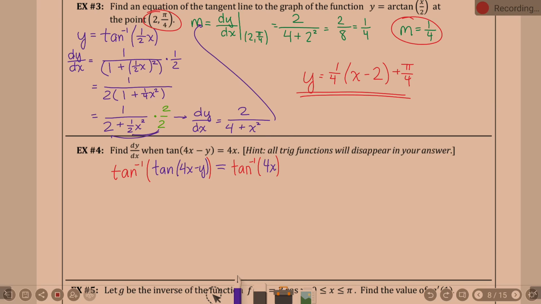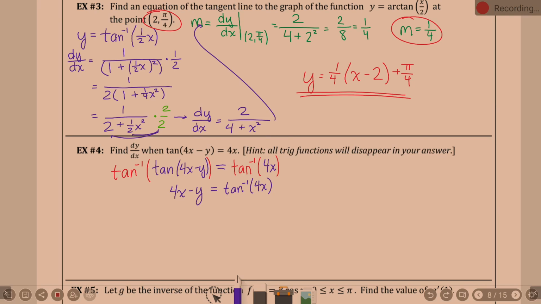I don't know that it's one we've used before, but the idea is that tan inverse and tan essentially cancel each other out. What are we going to have left? Just the 4x minus y. Which is great because we got the tangent out of the left, and we can now solve for y. On the right, we introduced a tangent inverse. So it's a technique that you can use.